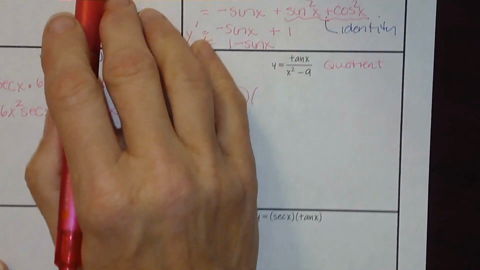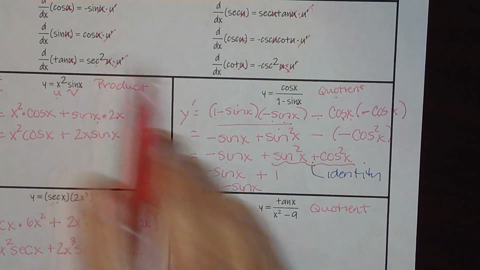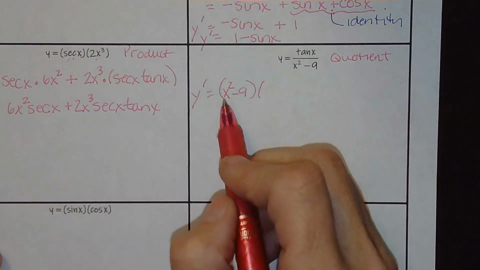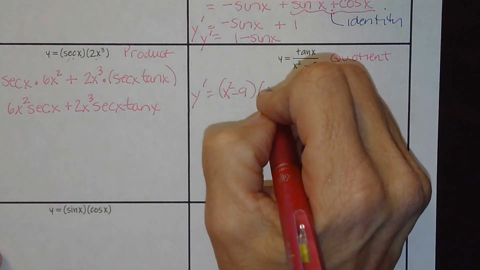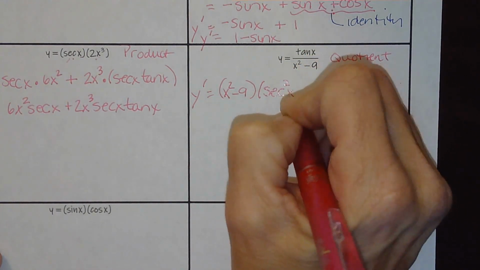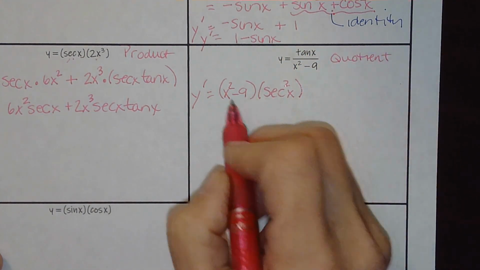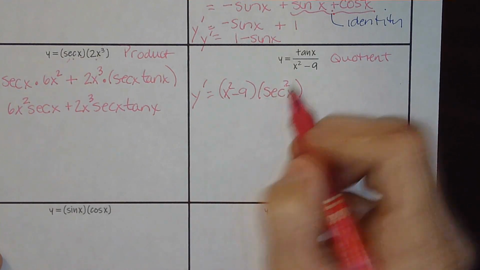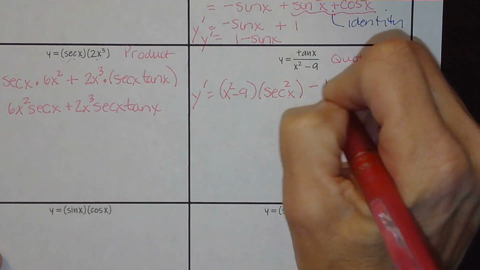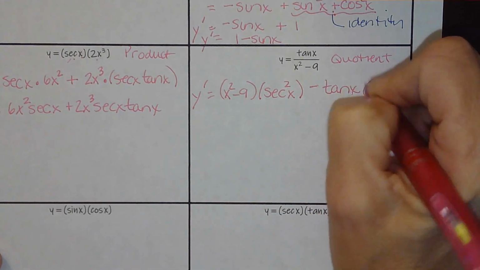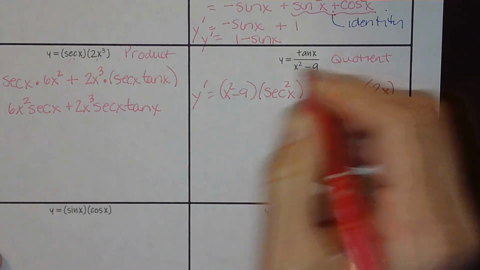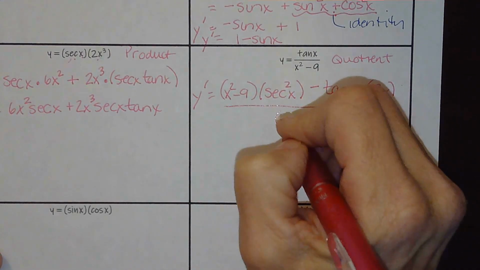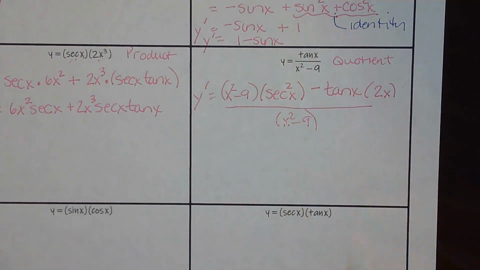The derivative of tangent is secant squared x. So I've got x squared minus 9 times secant squared x. That was low times derivative of high, minus high times the derivative of low, and that's all over x squared minus 9.